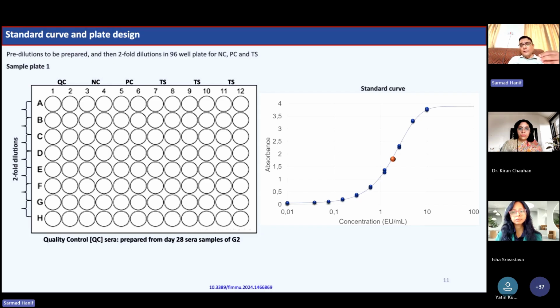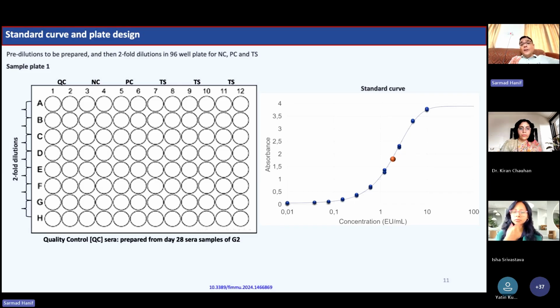For example, if you find in human samples that the total IgG concentration was 100, it means that out of these 100 IgGs, not all will be functional or protective against the disease.